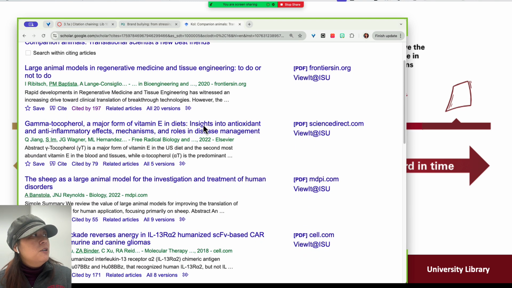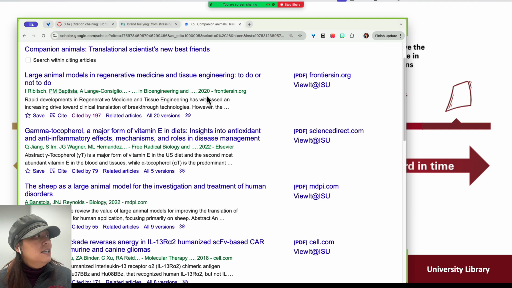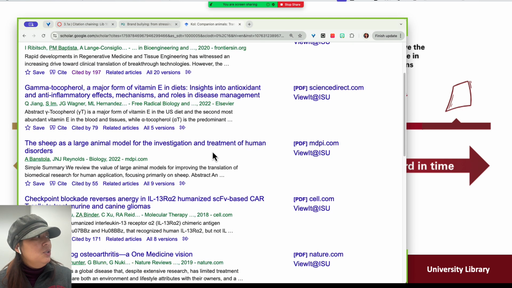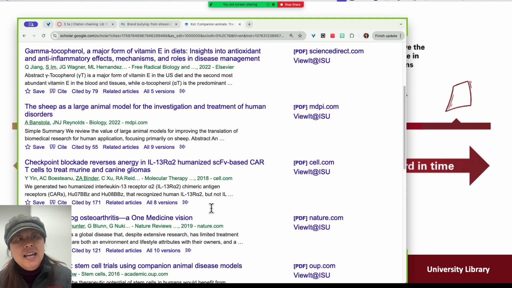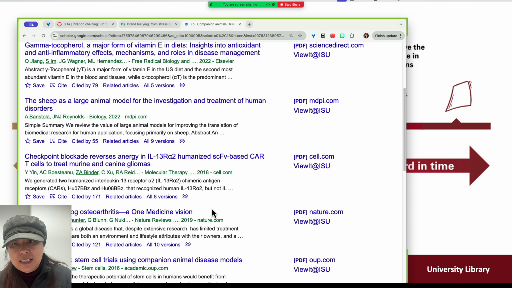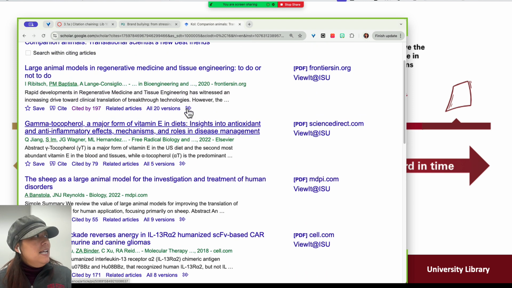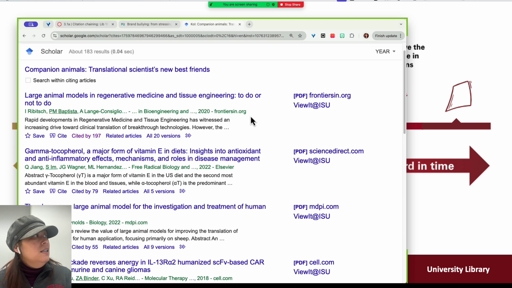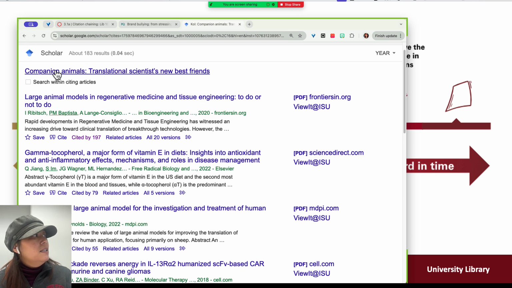Here are all the papers that cited that last one, and notice 2020, 2022, 2022, 2018, everything after that last one. Now you could do this continually. So this was the original article, and I've got large animals. Oh, I like that one too.